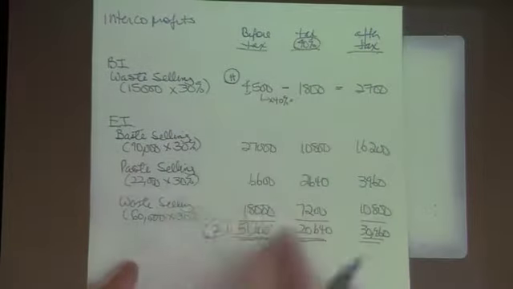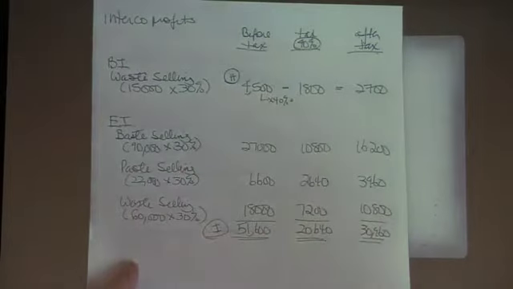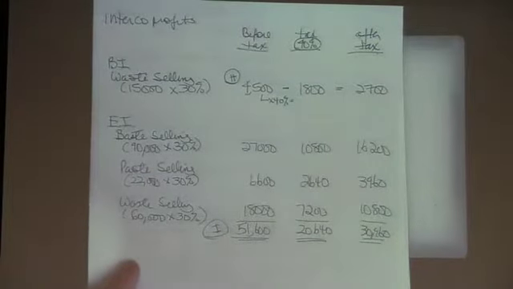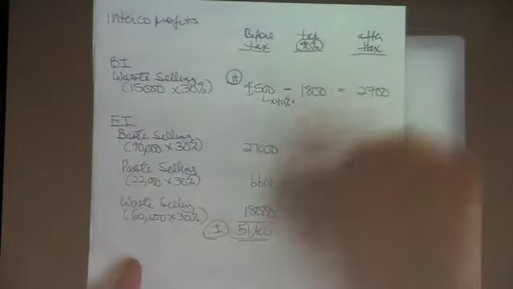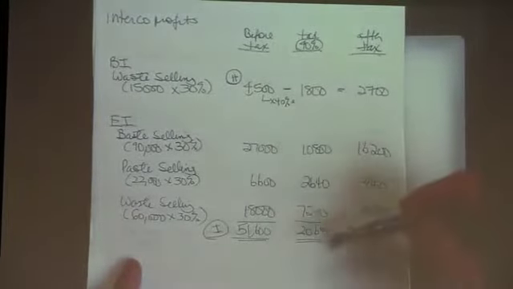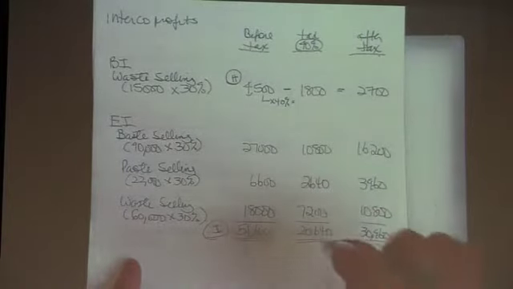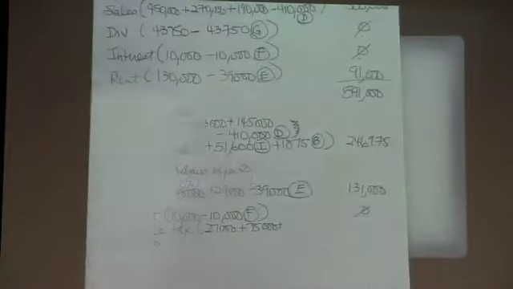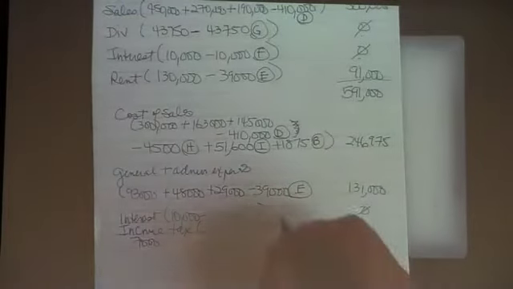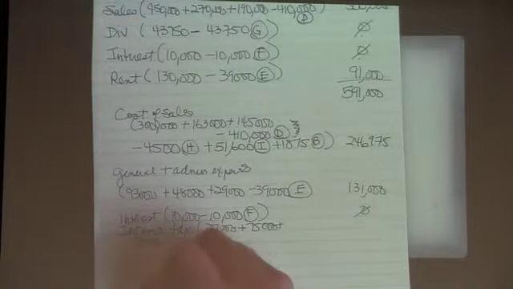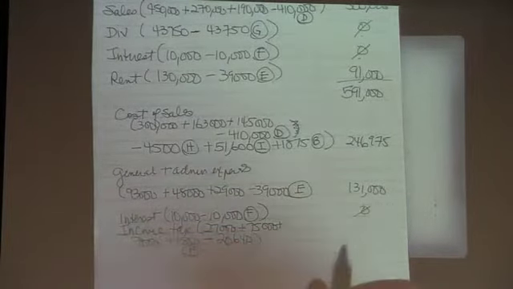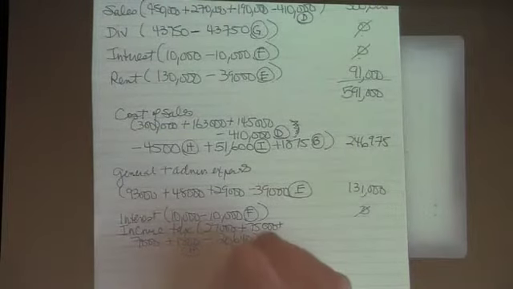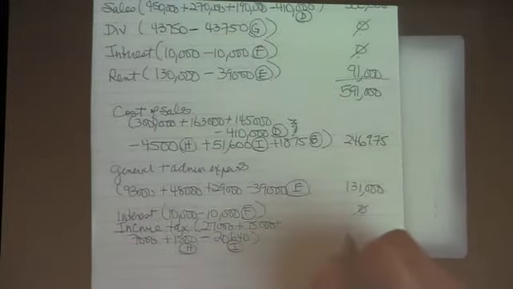But because this ending inventory, although it was realized by the legal entity who sold it, the seller, we're going to hold it back, that's why this is now deducted and set up as a prepaid deferred income tax. So that's what we need to do, okay? So we need to add 1,800 and deduct 20,640. So let me label that as H and I, so that you guys can take a look at it after.